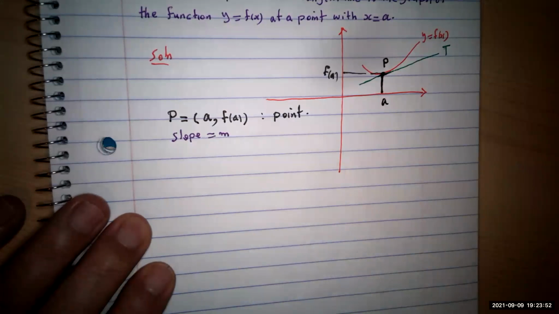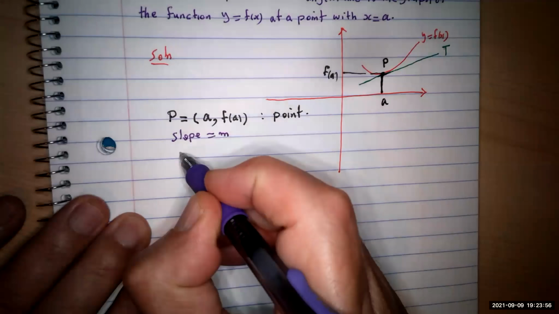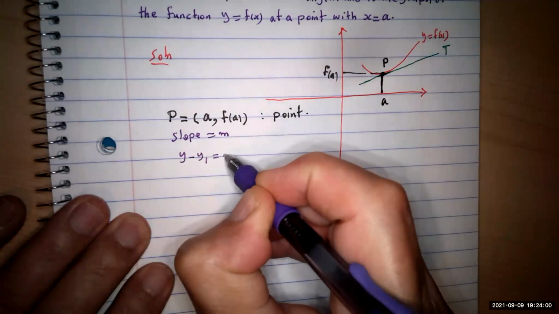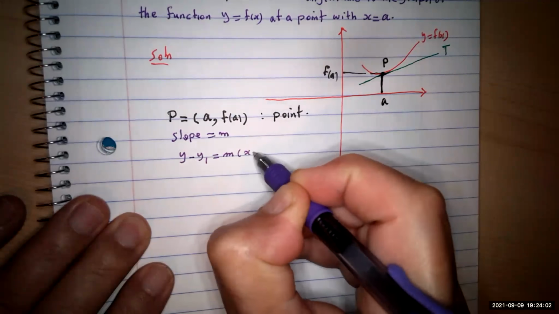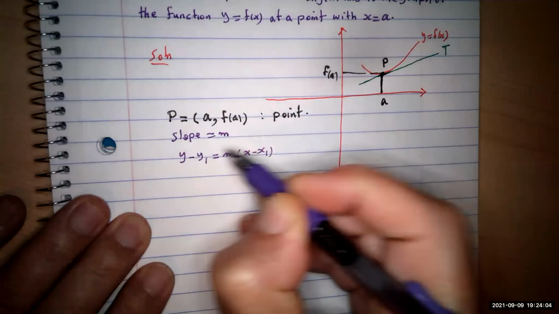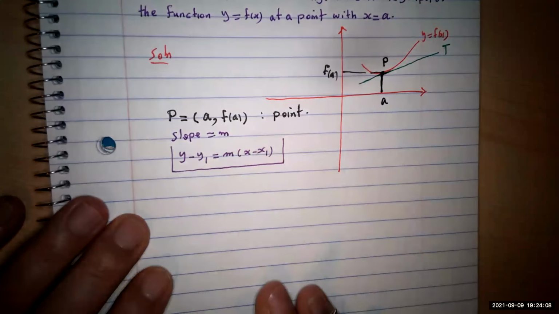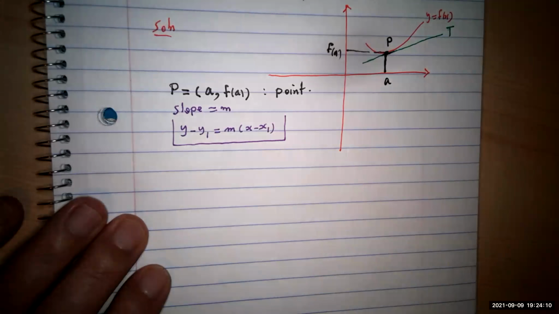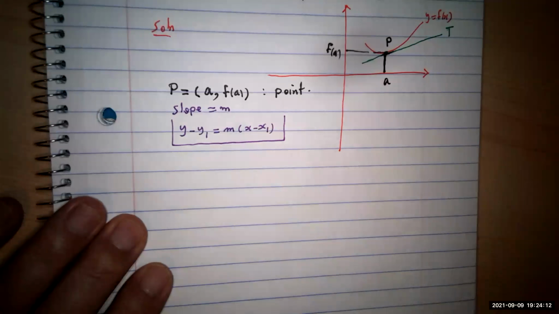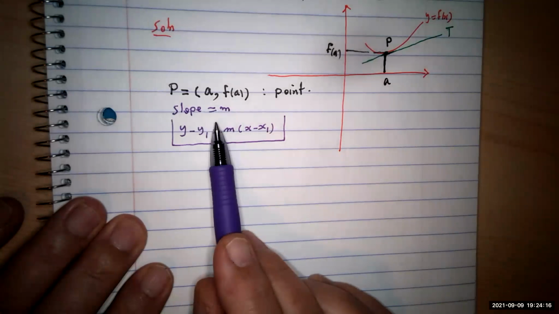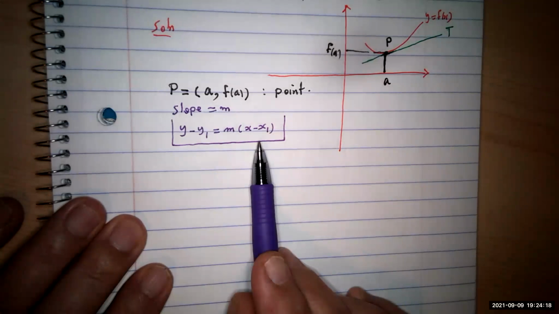If you have the slope and a point, the equation of the line would be this formula: y minus y1 equal to m times x minus x1. This is how we write the equation of the line. When you simplify it, you get mx plus b. But in general, you need a point and you need the slope to be able to write the equation of the line.